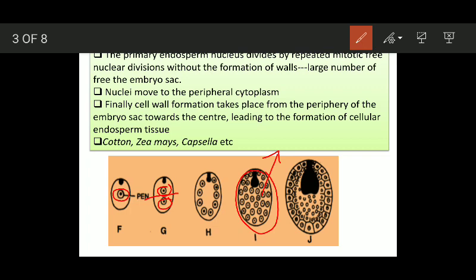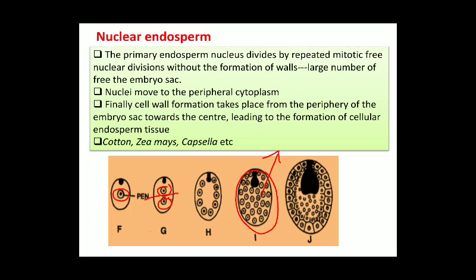So what happens in free nuclear endosperm? The primary endosperm nucleus divides by repeated mitotic free nuclear divisions without wall formation. Wall formation does not take place, and as a result a large number of free nuclei are present in the embryo sac.